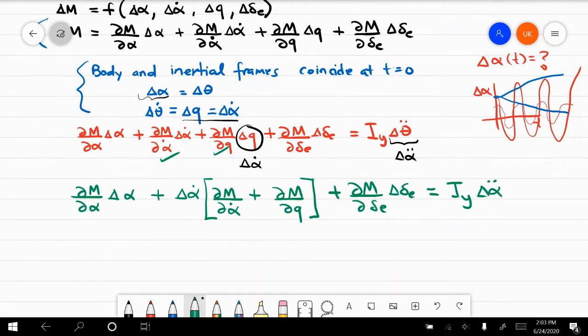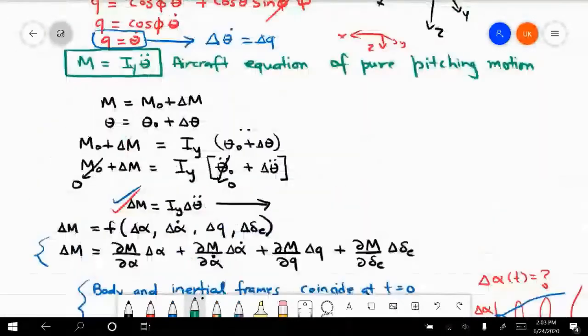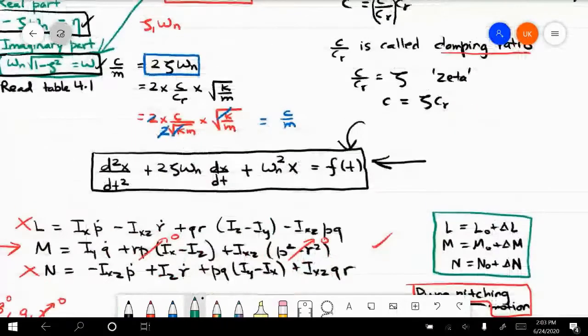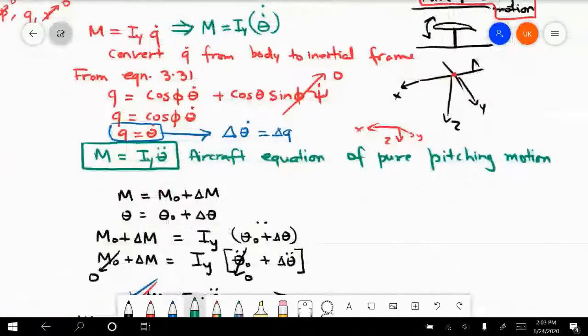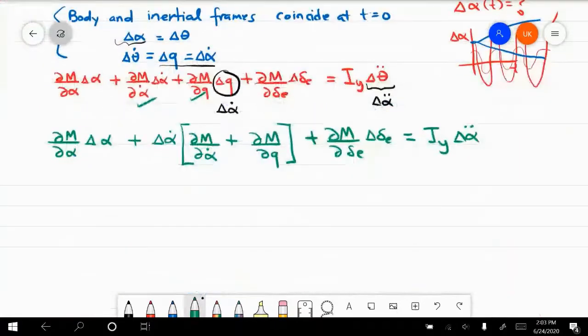And you can now start to see this type of second order differential equation taking shape. Okay, this is where I'm moving, which is the reason I'm doing all this. So you can see that sort of appearance is developing here. Okay, so I'm going to move these two terms to this other side.